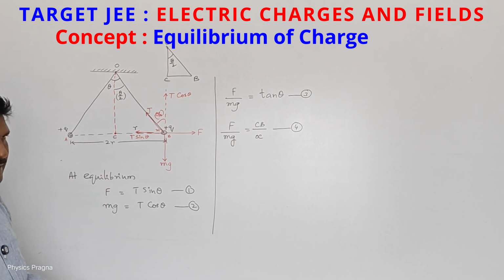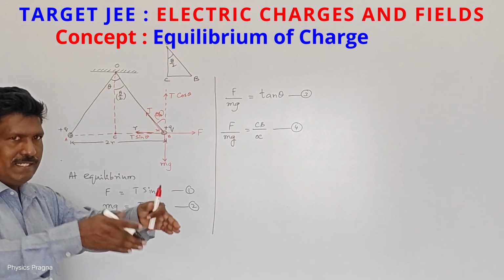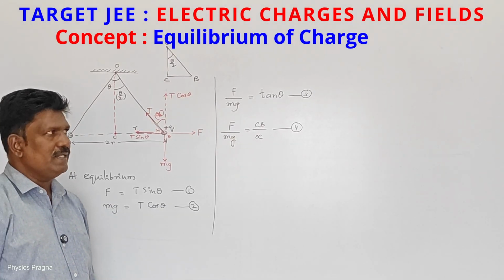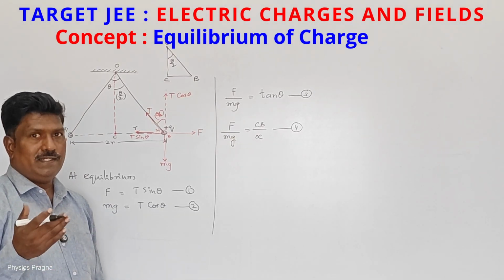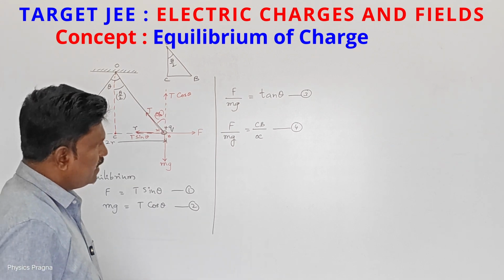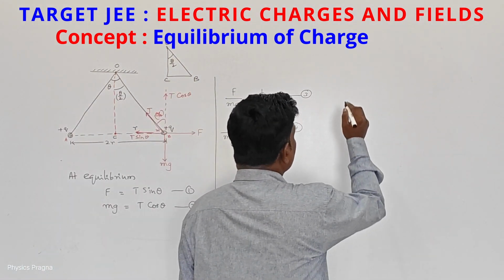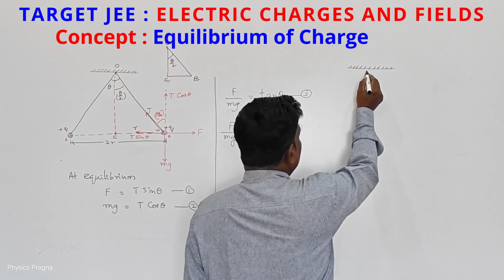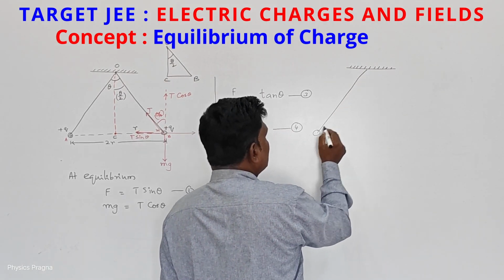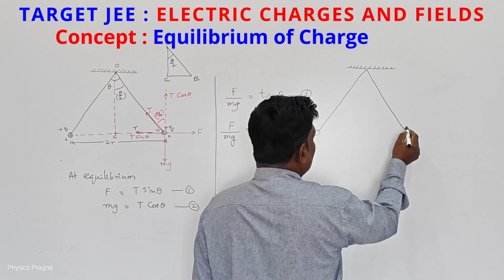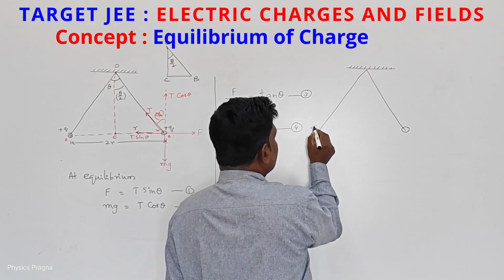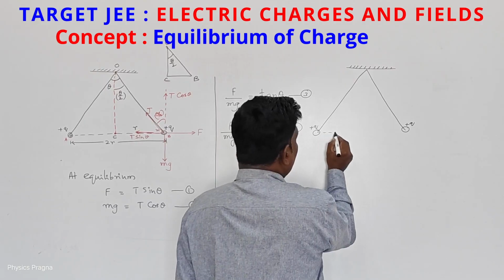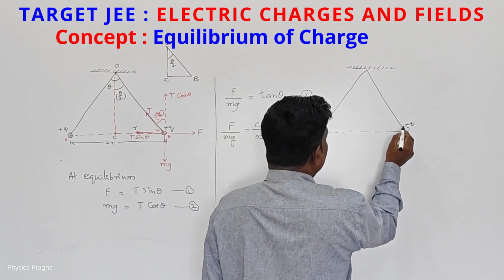One more case is there in this. If the total arrangement is immersed in a liquid, what happens? Liquids have densities, right? For that particular case, this is a rigid support. These are the two bobs having mass m, separated by some distance.